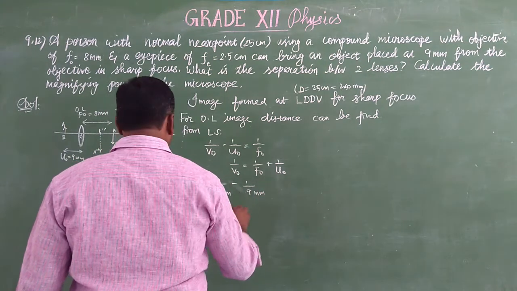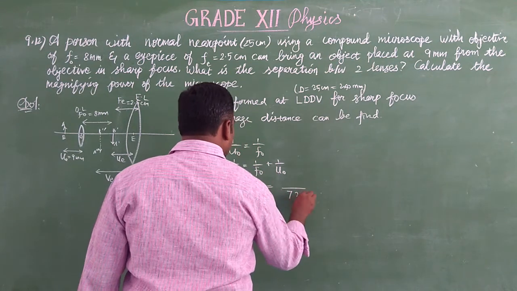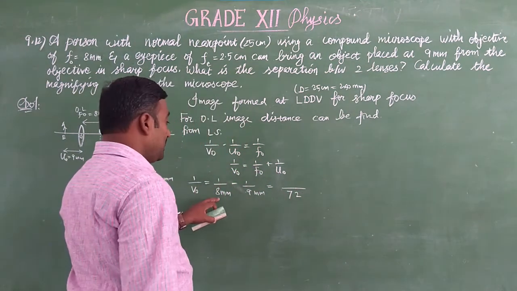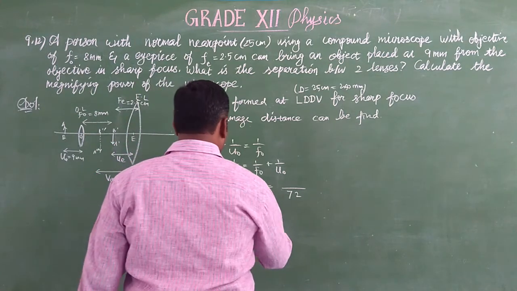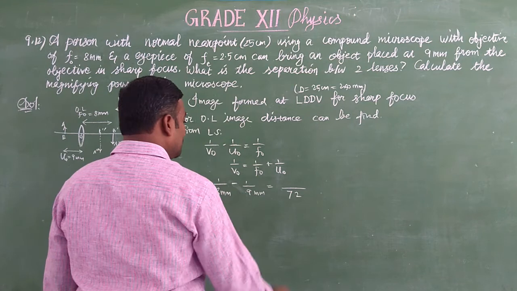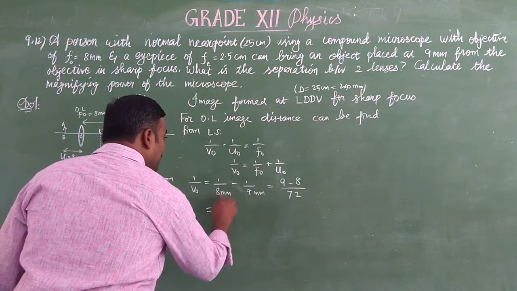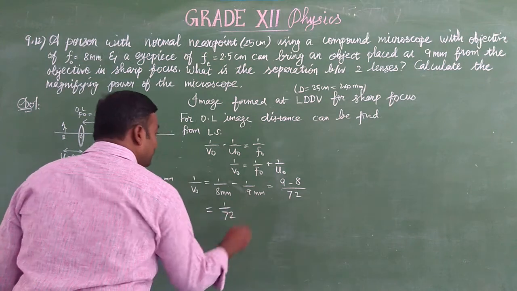Take the LCM. The LCM value is 72. 8 nines are 72, so here you need to multiply by 9, then only it becomes 72. Here it's 9, here it's 8. So what is the value? 9 minus 8 is 1, so 1 by 72.